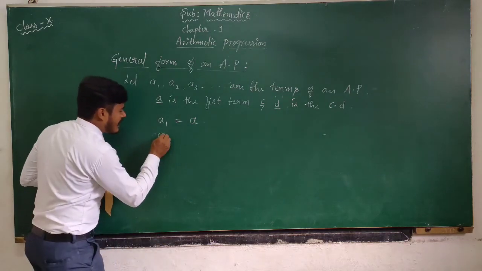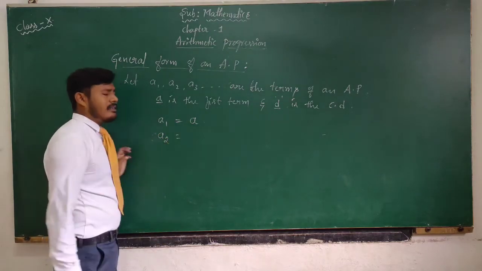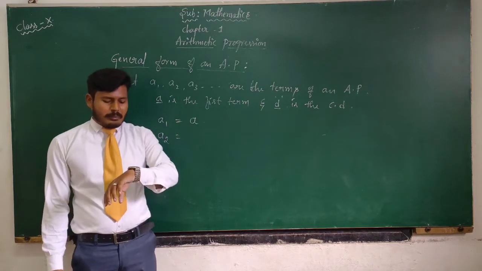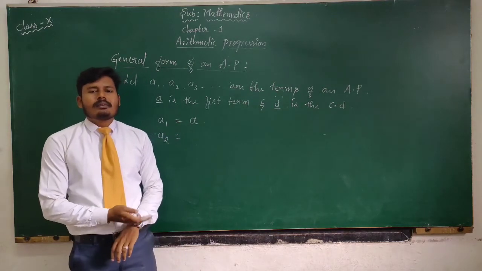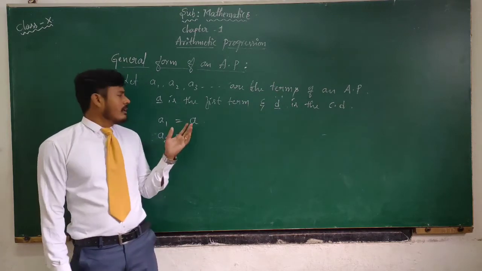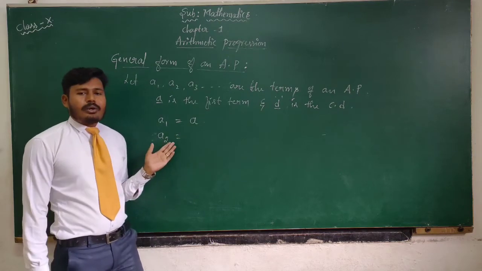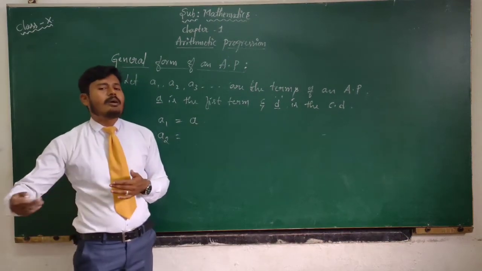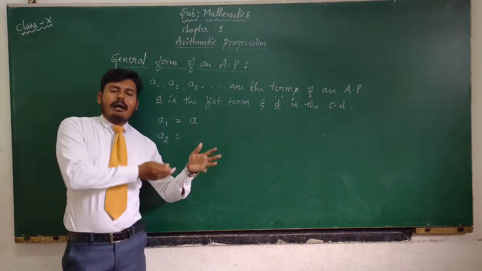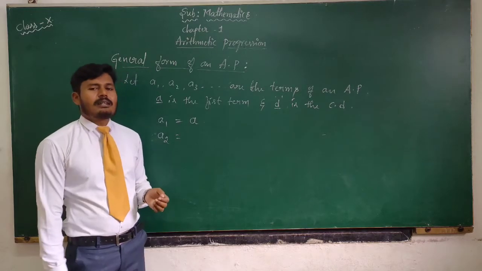Then coming to the second one, how can you obtain the second term of an arithmetic progression? I have already told you how to obtain the succeeding terms of the AP by applying a rule.